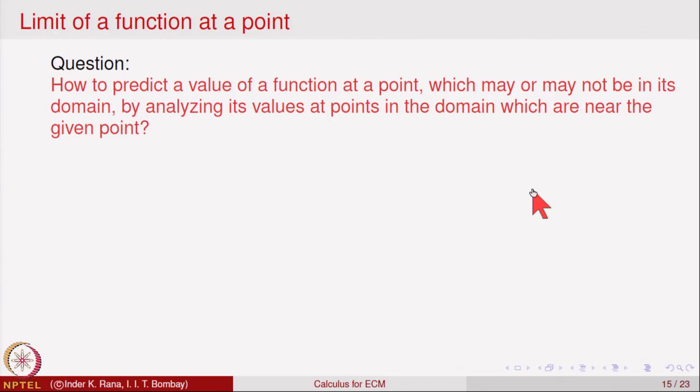We want to know what could be a suitable value for the function at that point by looking at the values of the function at points nearby. That is the problem we want to tackle mathematically.